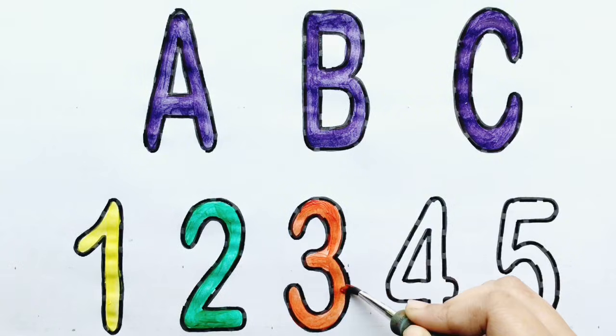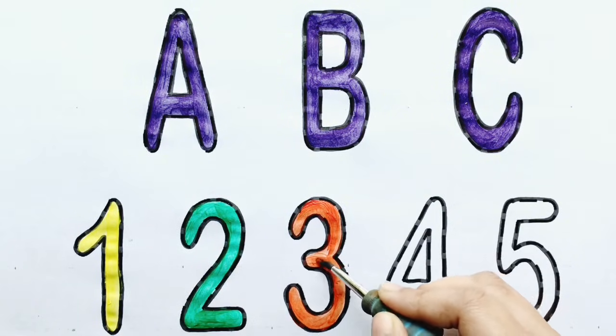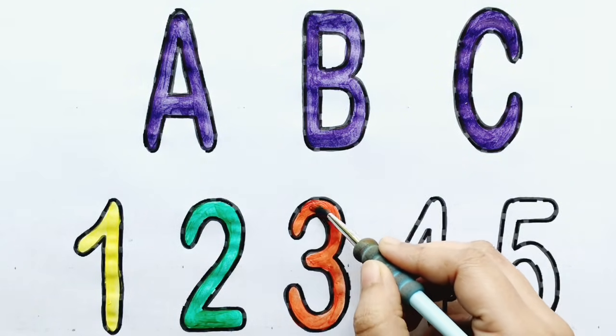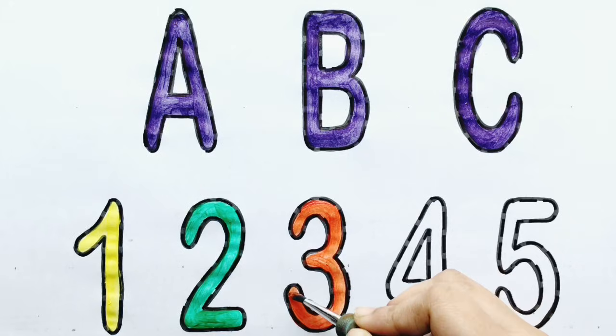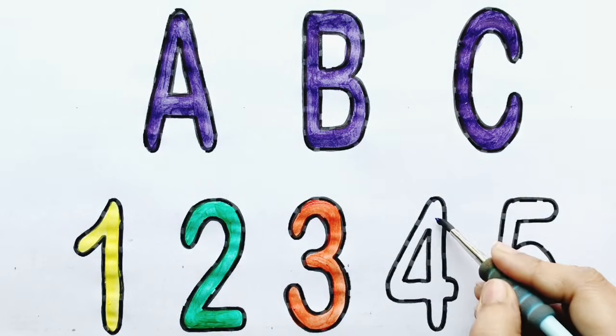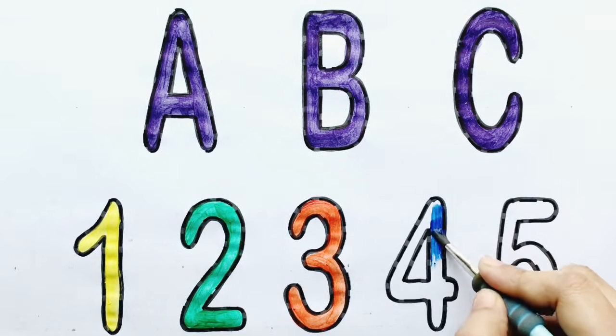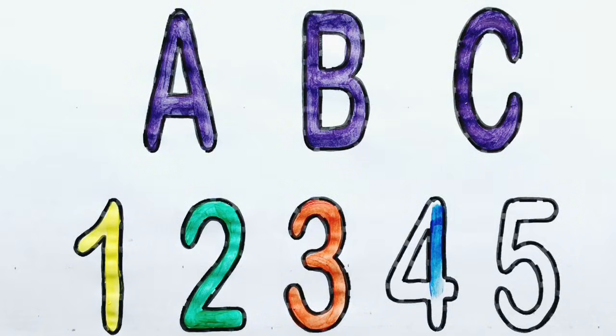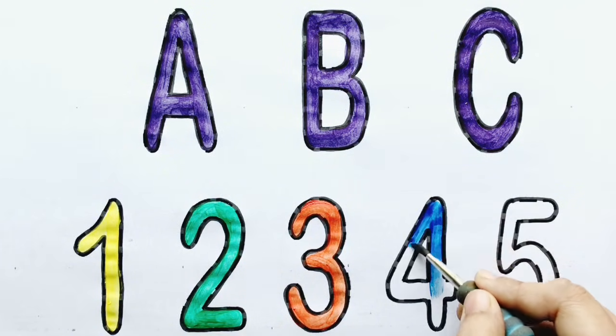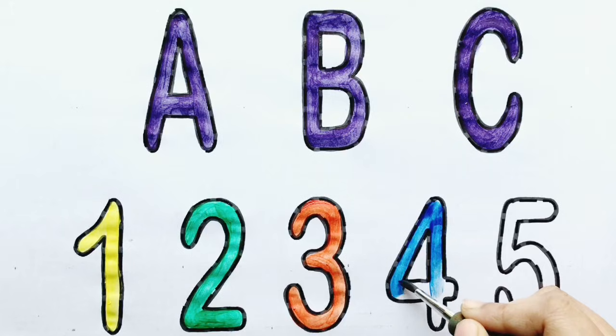Let's see a list of words that start with the letter A. Apple, angel, address, animal, answer, April, blue color number 4. Ambulance, airplane, arrow. A, alligator. A, ant.